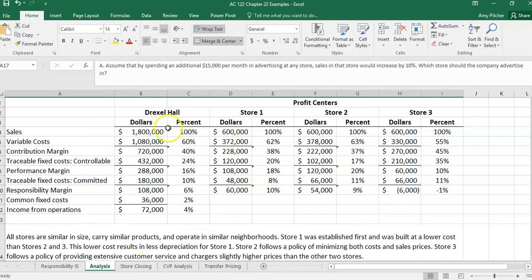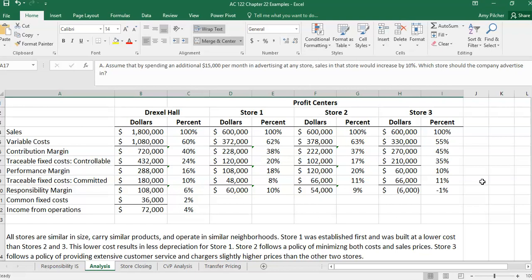So first, we're going to look at this business here. This Drexel Hall has 3 stores, and our responsibility margin income statement has already been developed. So we already have the income statement and the different percentages. So we're going to do some analysis about things that we can do in the 3 stores and what their effect will have overall on the company.